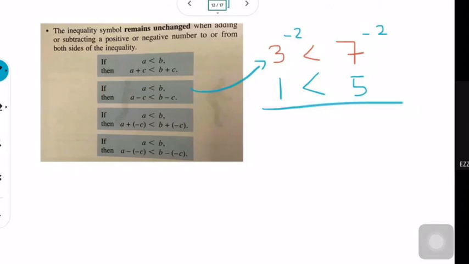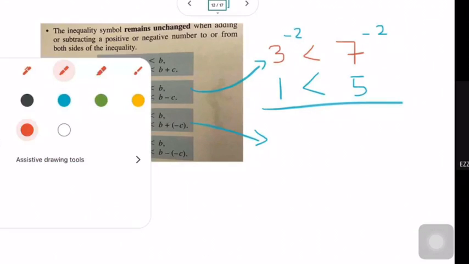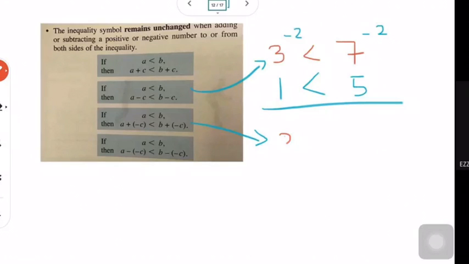Okay, kalau yang ni, let's say kita ada grade 3 jugalah. 3 is less than 7. Okay. Now apa kita buat? Plus negative number. So if we plus, let's say plus negative 2. Sini pun plus negative 2. When you plus negative, akhir sekali you akan dapat 3 minus 2.